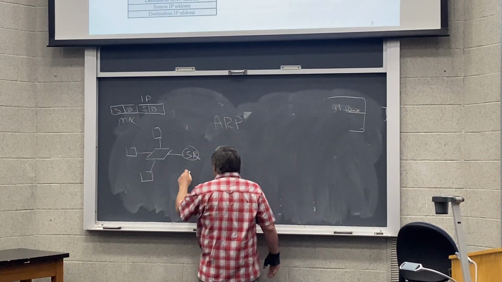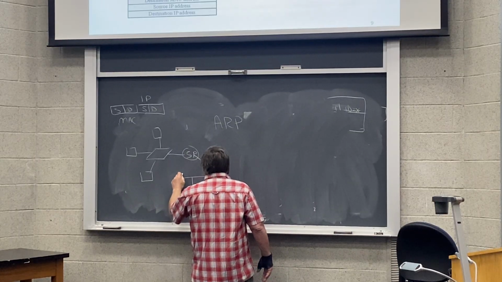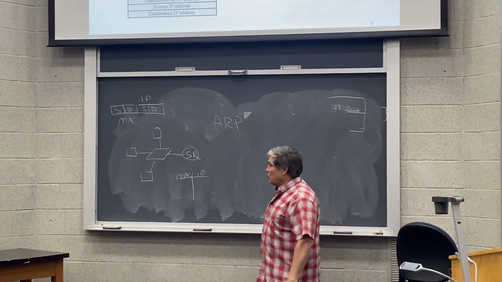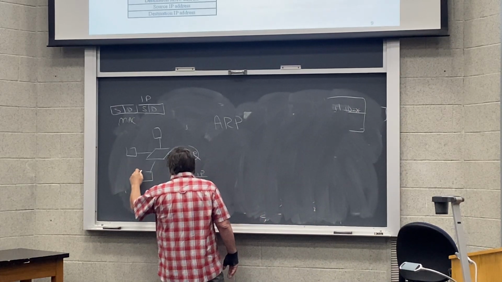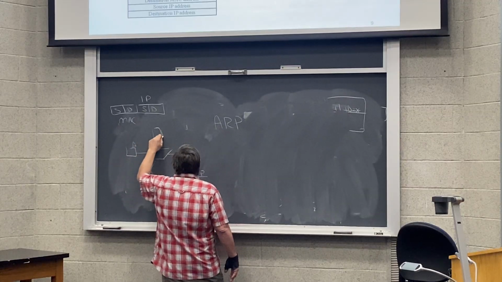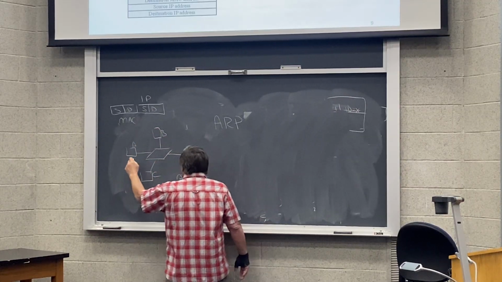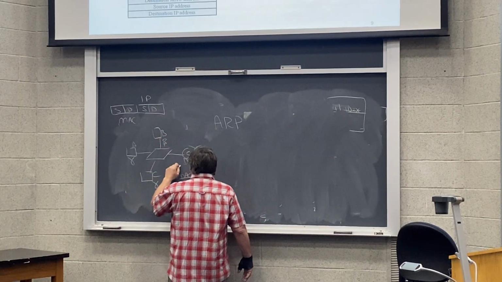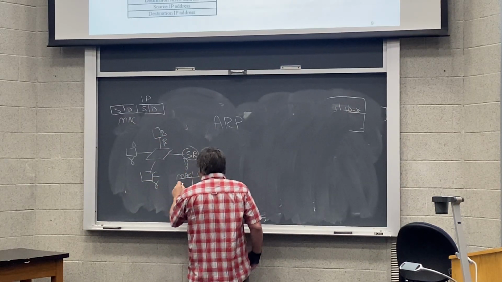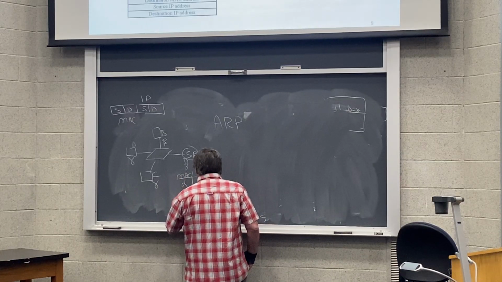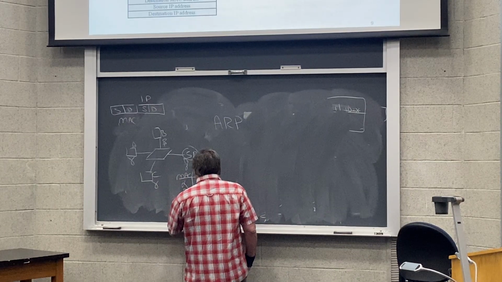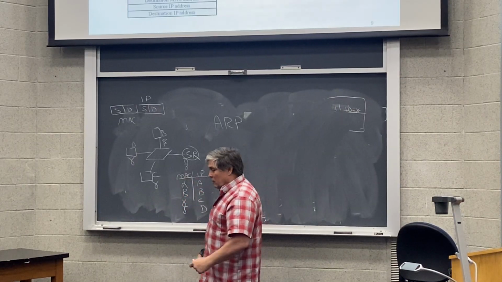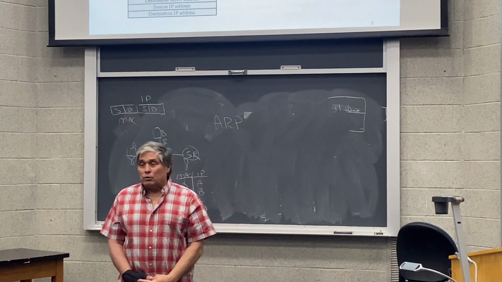So what ARP does is, for each device, it creates a table of MAC and IP addresses, and it creates a mapping. So if this is A, B, C, and D, and then MAC addresses alpha, beta, gamma, delta, then you would have alpha, beta, gamma, delta, A, B, C, D, and you would maintain that table.